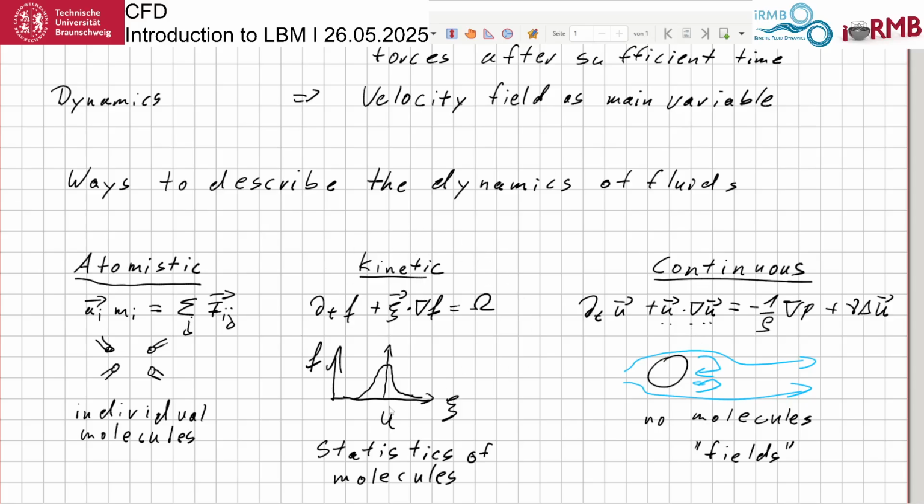This here keeps more information, so this can become more complicated, and it is used for very special things, like space vehicles re-entering the atmosphere. Then you need to use this equation. If you don't want to use it, you can always use this one. It's just too expensive. And what we do with Lattice Boltzmann is, you could say, we are a bit in between these two, but we are built on this equation. Okay.